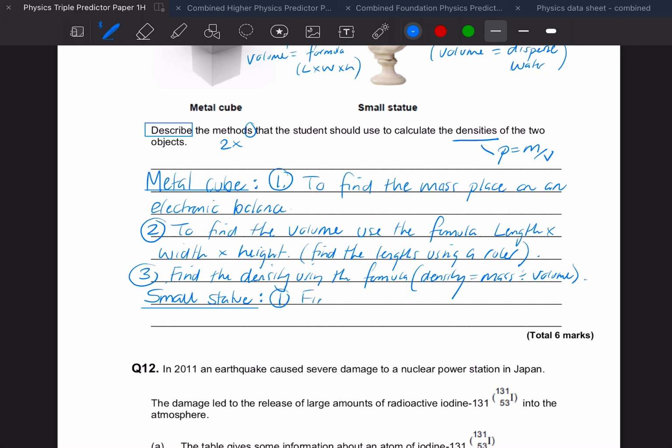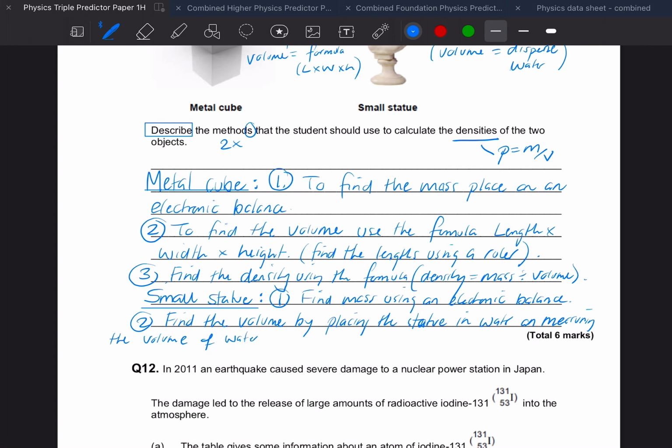So 1, find mass using an electronic balance. 2, find the volume by placing the statue in water and measuring the volume of water displaced. 1 milliliter of water is 1 centimeter cubed of volume, so that works out quite well. And then exactly the same for step 3.